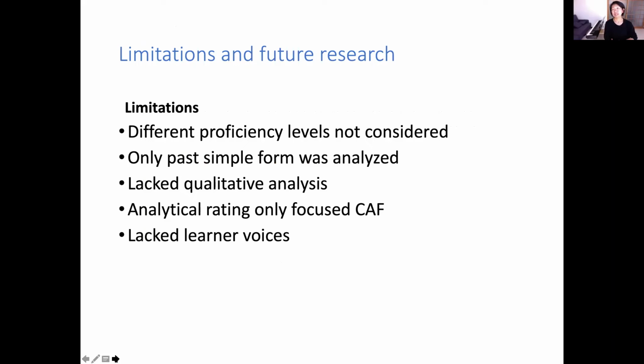Some of the limitations include that I should have considered different proficiency levels. I should have divided the participants into maybe 3 groups: high proficiency, low proficiency, and intermediate proficiency. I only looked at the past simple form because the other forms got too complicated.